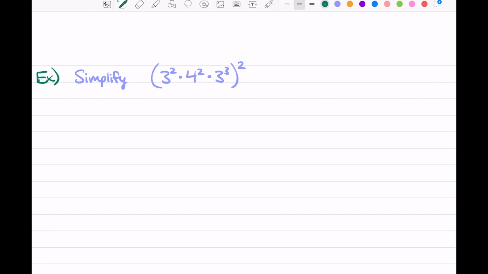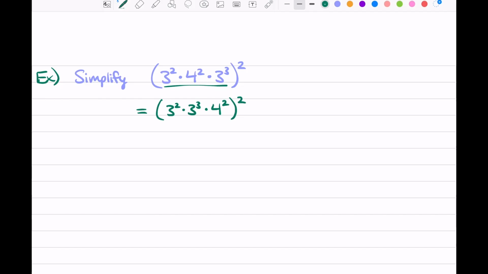Okay, let's break this down step by step. PEMDAS would tell us to start with what's inside the parentheses, and we have some multiplication. Since we can multiply numbers in any order, let's group the 3's together. So we'll have 3 squared times 3 to the third times 4 squared.